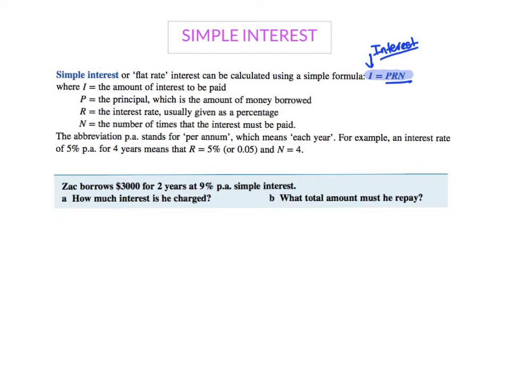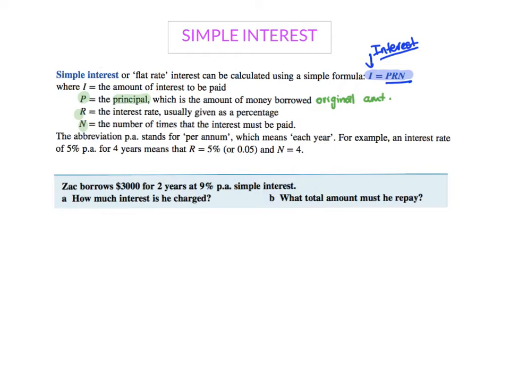Now P is the principal. Principal means the original amount borrowed, so you might like to call it the original amount. The big R stands for the interest rate, usually given as a percentage. And N is the number of times you're going to pay interest.